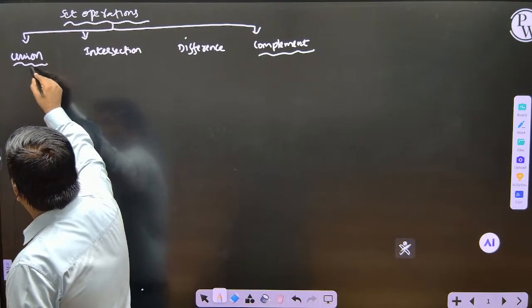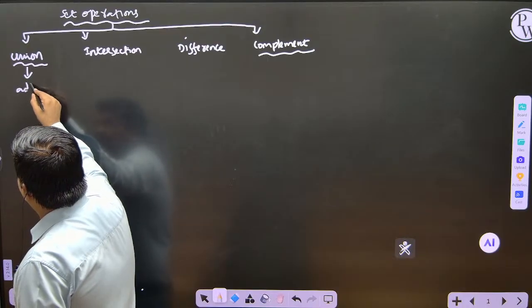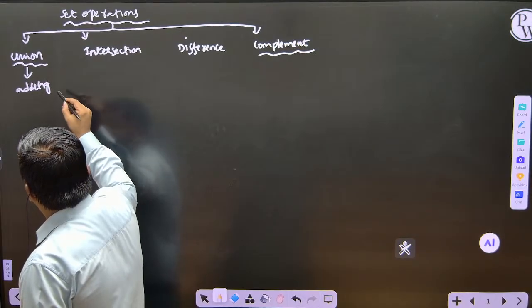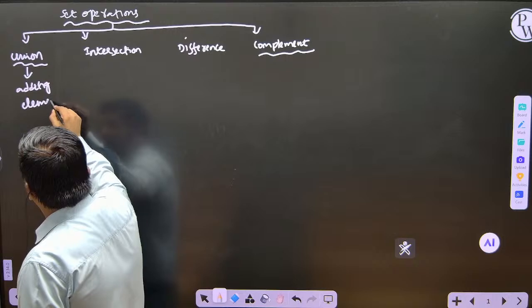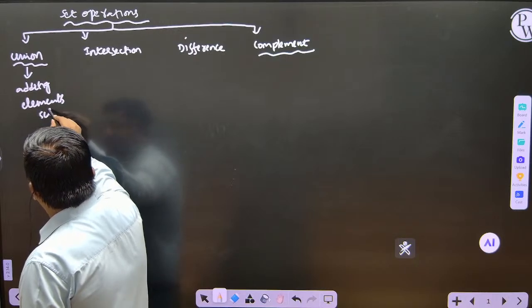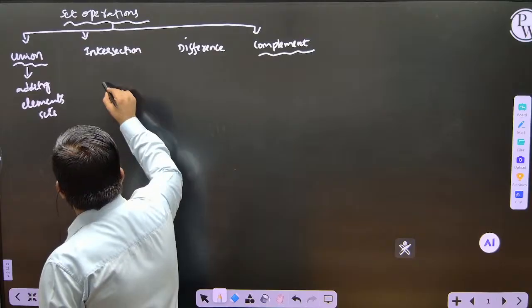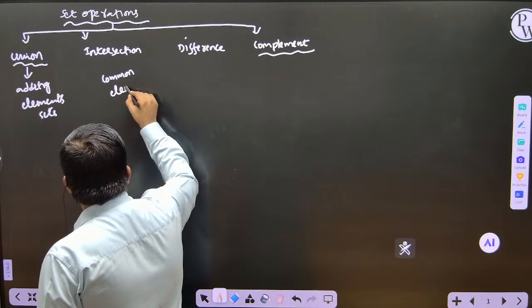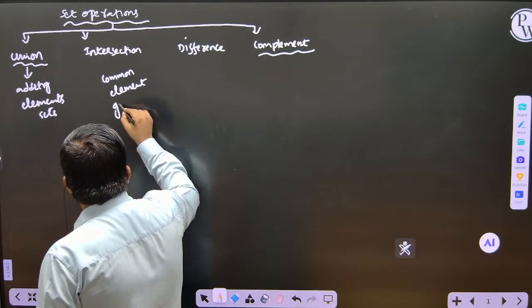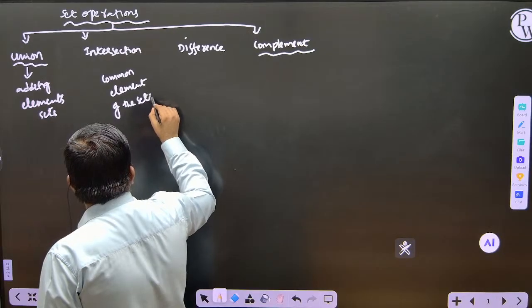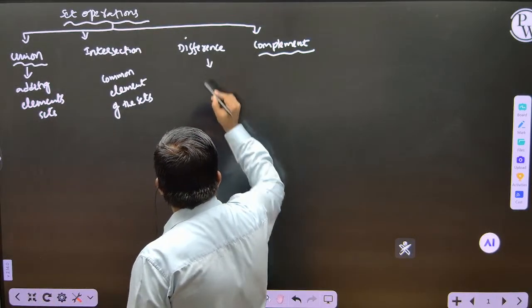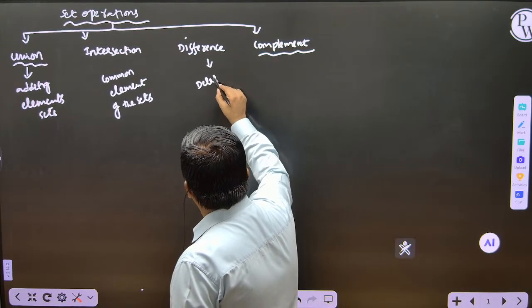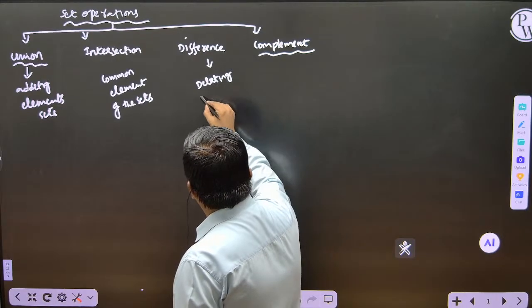Union gives adding the elements of sets. Intersection is common elements of the sets. Difference is deleting of the elements.